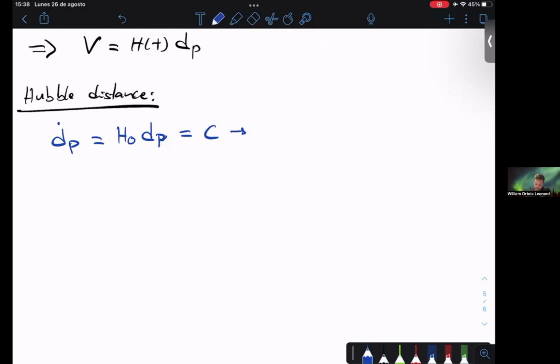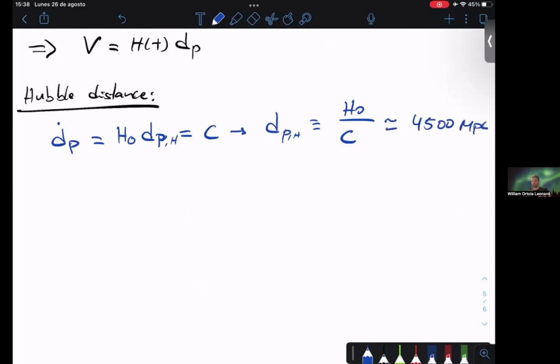I'm going to put a comma H here so that we are specific about what we mean. So basically we have d_p,H is going to be defined as c divided by H naught. And since we're evaluating it today, what we find is that this distance is about 4,500 megaparsecs.